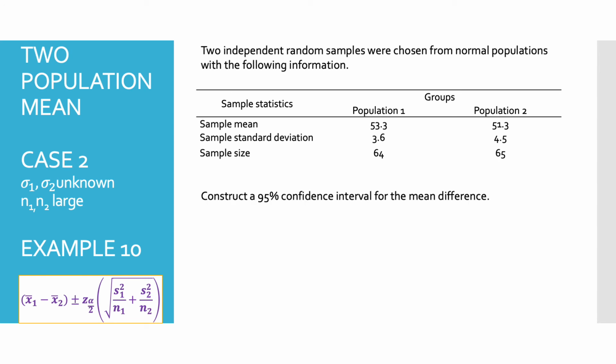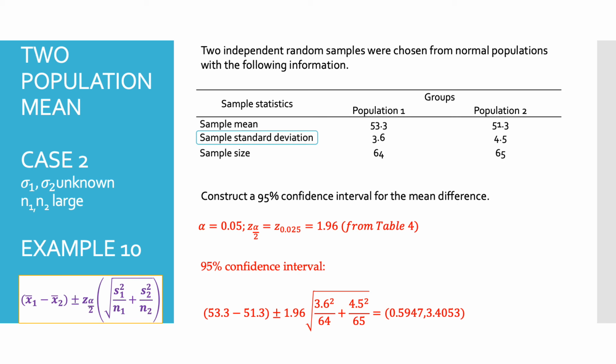So construct a 95% confidence interval for the mean difference between population 1 and population 2. Okay, alpha here equals 0.05. So z 0.025 equals 1.96, referring to statistical table number 4.